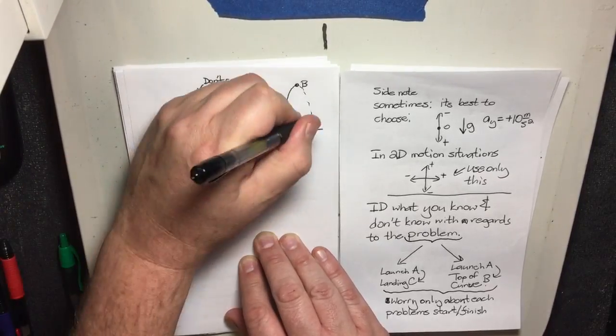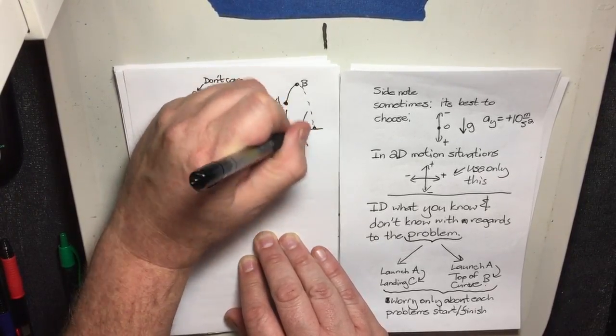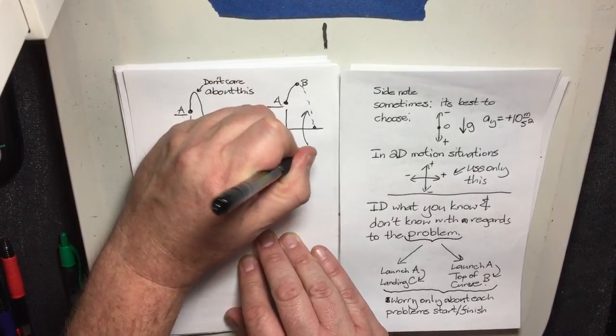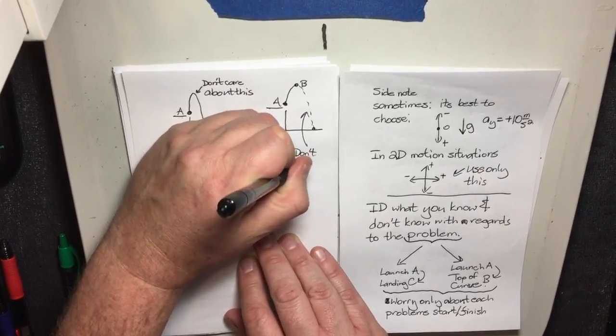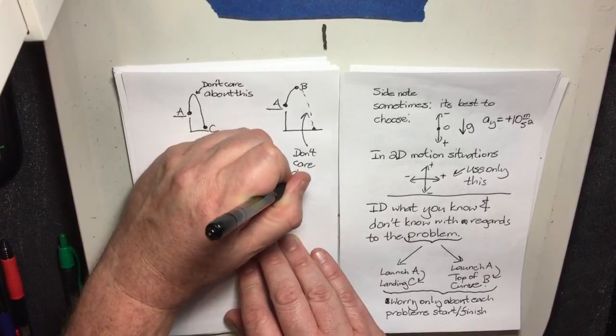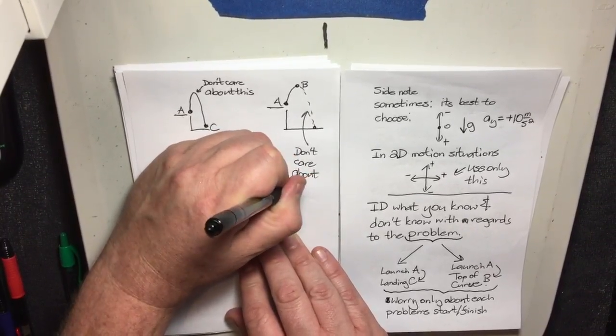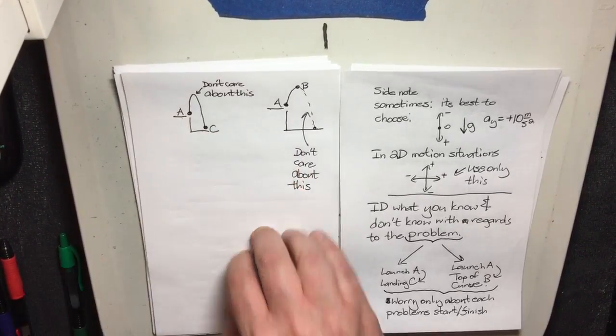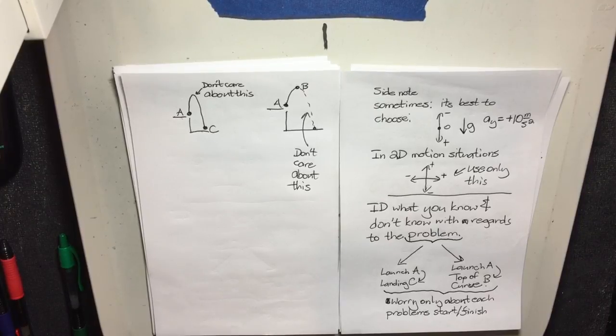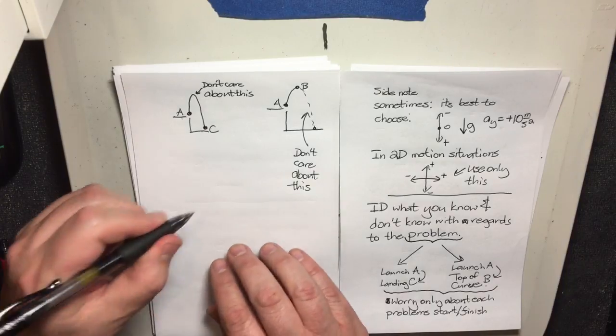For the second part of the problem, I don't care about this. So there are two major types of problems, and really what we're going to do is take those 1D motion problems, use them in one way, wipe the slate clean, use them in another way, and then we've got what we're looking for.